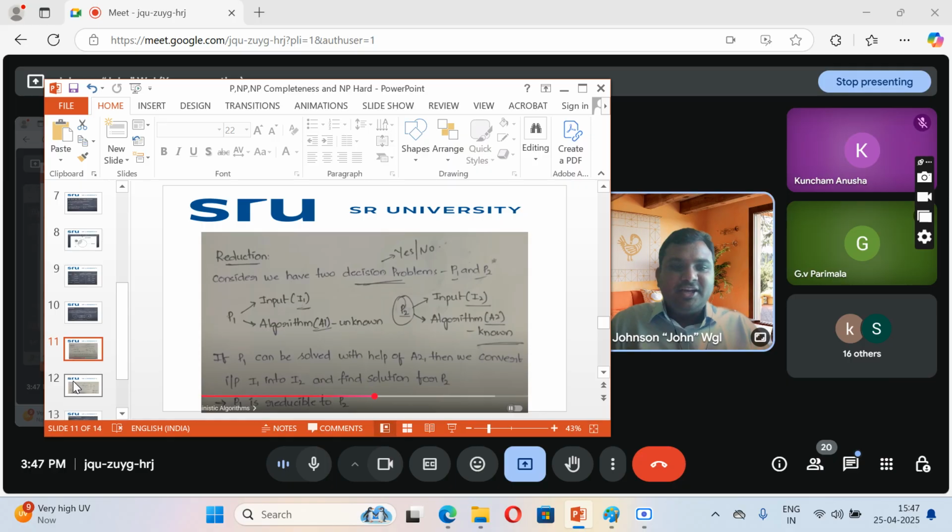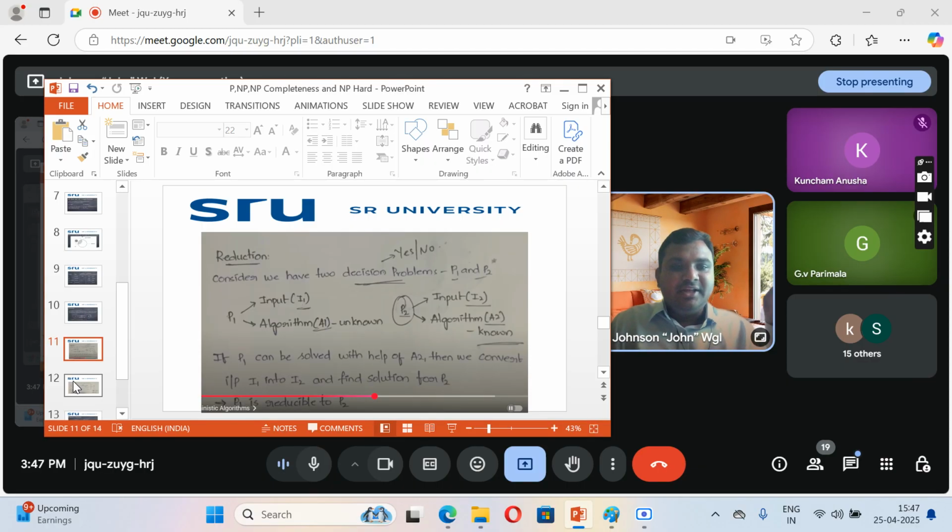Then P1 is unknown and P2 is known. P1 input is I1, P2 input is I2. If P1 can be solved with the help of A2, the P2 algorithm, then we convert input I1 to I2 and find the solution of P2. Indirectly P1 is reducible to P2.